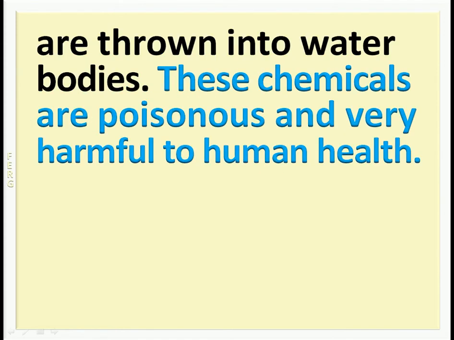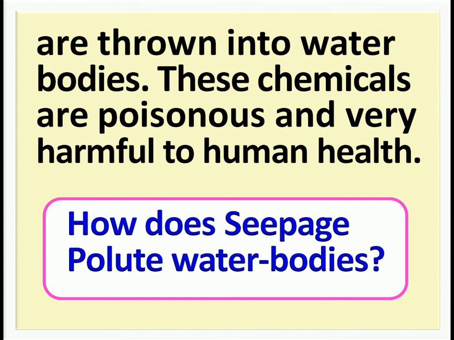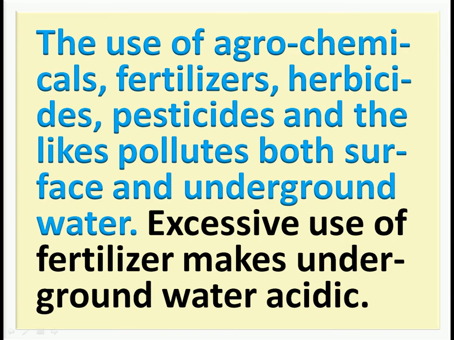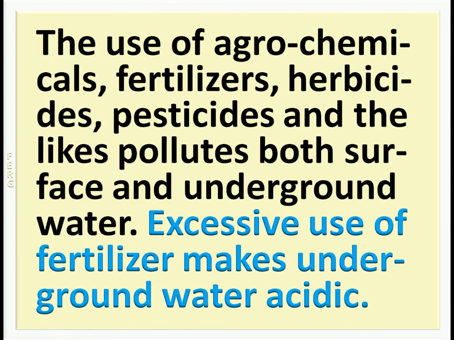These chemicals are poisonous and very harmful to human health. How does seepage pollute water bodies? The use of agrochemicals, fertilizers, herbicides, pesticides and the like pollutes both surface and underground water. Excessive use of fertilizer makes underground water acidic.